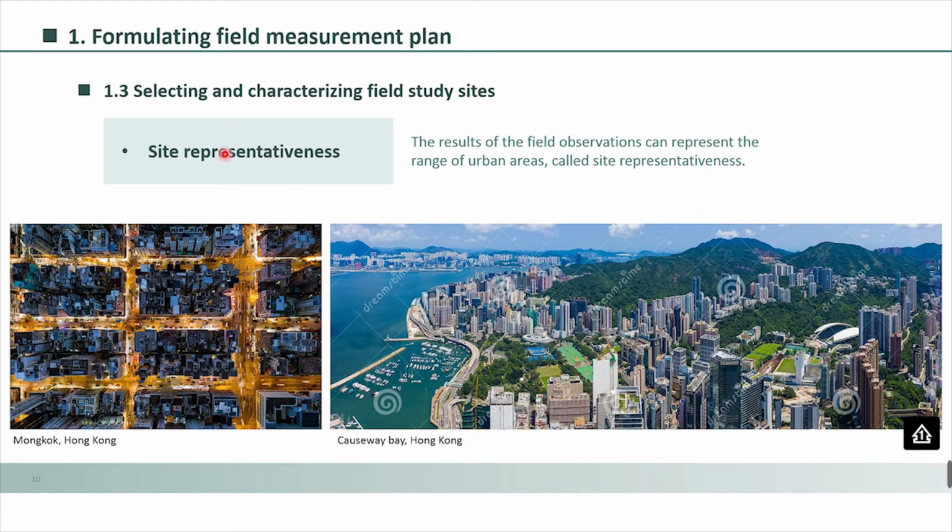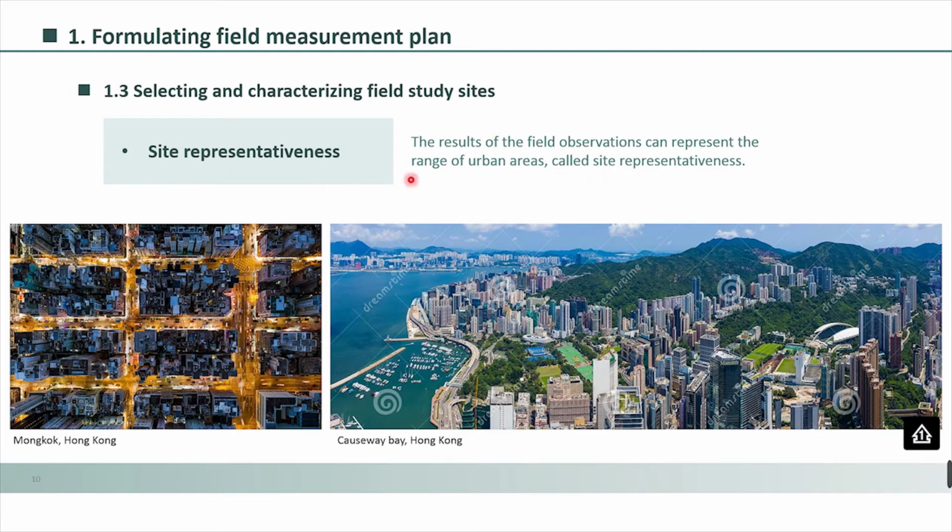And the next step is to select and characterize the field study site. One of the important things we need to focus on is the site representativeness. The result of the field observation can represent the range of urban areas. We call it site representativeness.